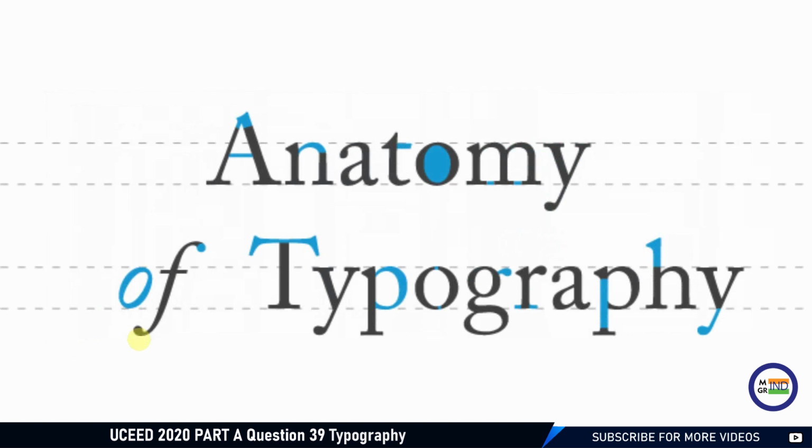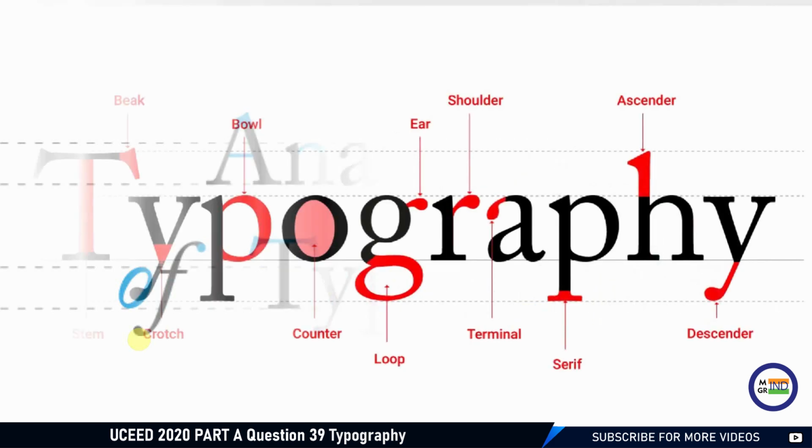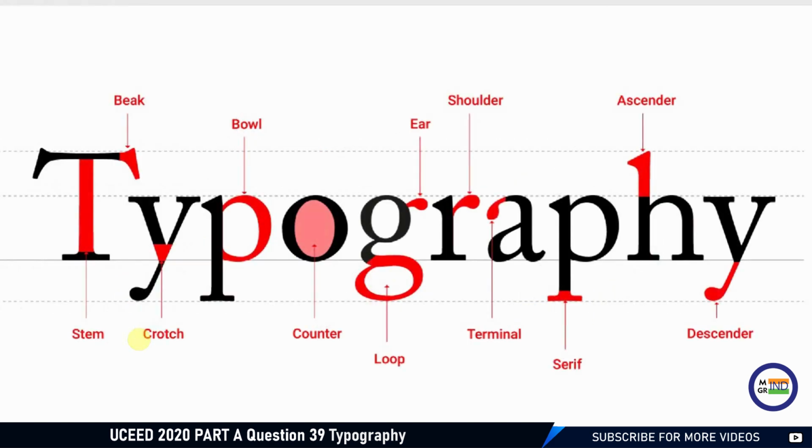So to solve these types of questions, we need to understand the anatomy of typography. These are the basic terminologies for someone who's trying to make typography or lettering. From our exam point of view, it is not important to understand and learn each and every topic, so I'm going to highlight the important ones.